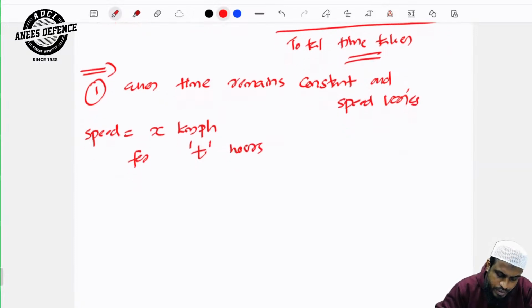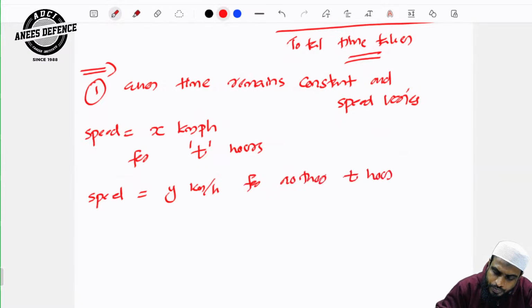After that, he again goes with a speed of y kilometer per hour for another t hours. So first he is going with a velocity of x kilometer per hour for a time of t, and after that he continues traveling with a different speed y kilometer per hour for another t hours.